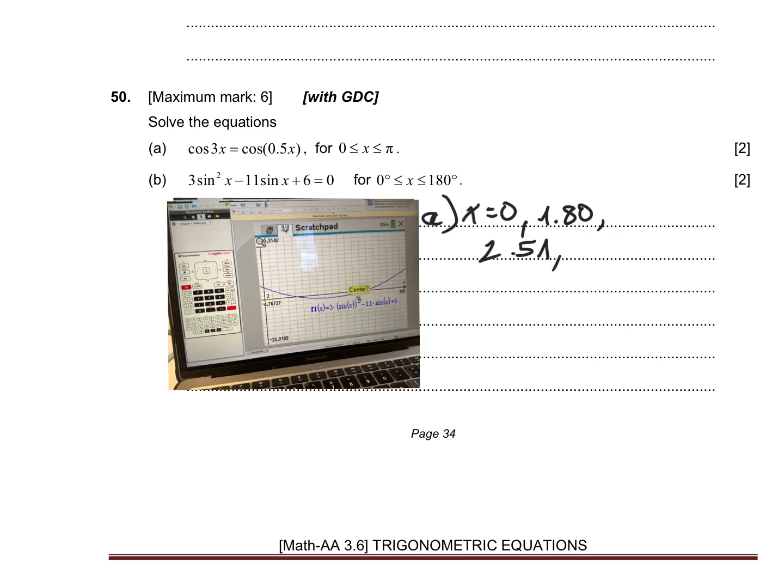So here and here we have zeros. You could have also put in function 2 as 0 and found the intersection. So we've got 41.8 for B, and then over here we have 138.